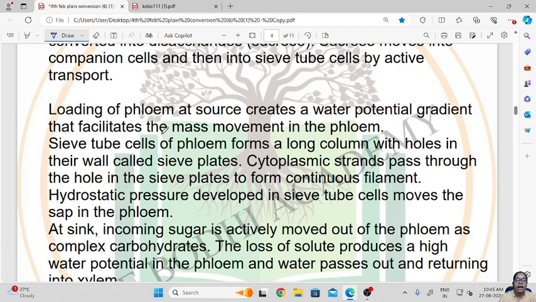Sieve tubes and the companion cells are the parts of the phloem tissue. So sieve tubes of phloem form a column with holes in their walls called the sieve plate. Cytoplasmic strands pass through the holes in the sieve plate to form a continuous filament. Hydrostatic pressure developed in sieve tube cells moves the sap in the phloem.